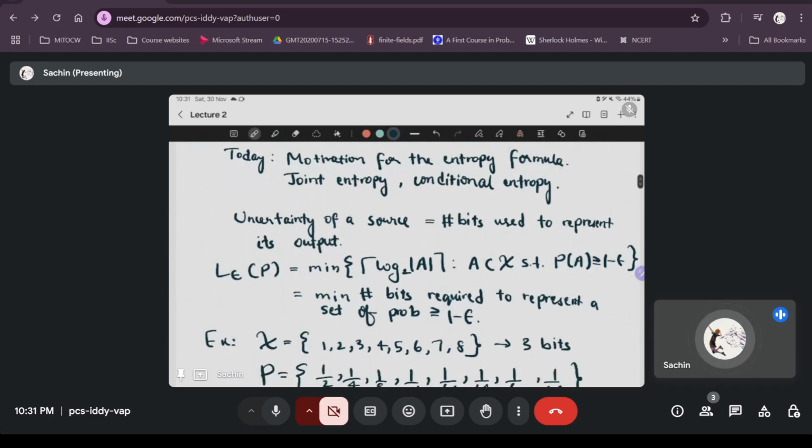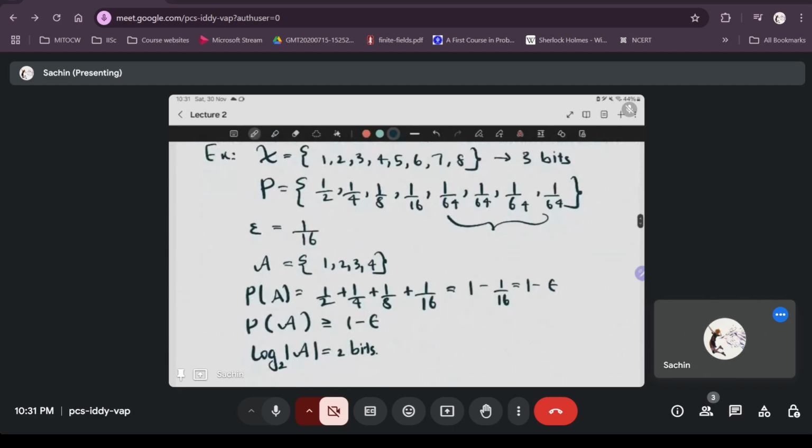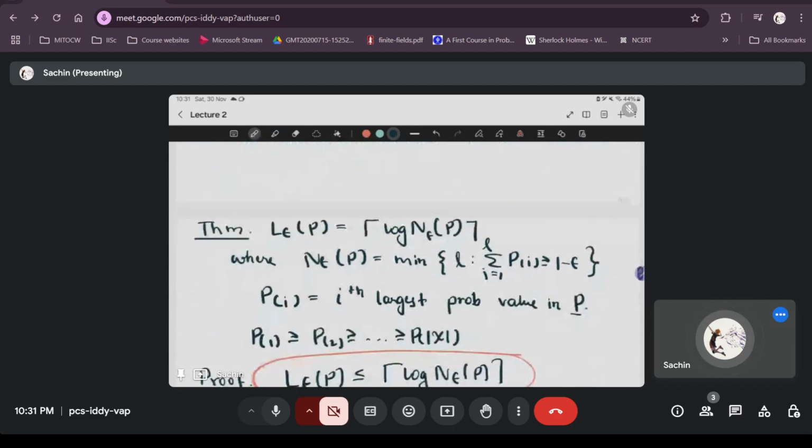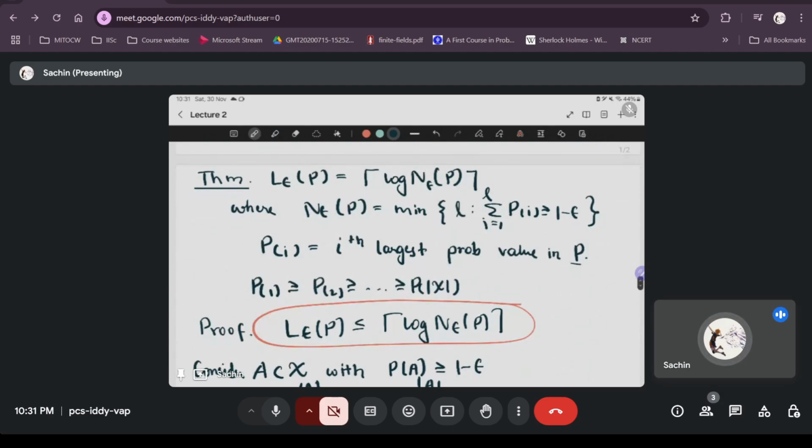Then I said just saying it's a high probability set doesn't give me a good way to actually calculate the value of L epsilon of p. So I said I'll give another way of systematically finding out the value of L epsilon of p. And the method of doing that is by arranging the probabilities in descending order, finding ceiling of log n epsilon of p, and that will give me L epsilon of p.